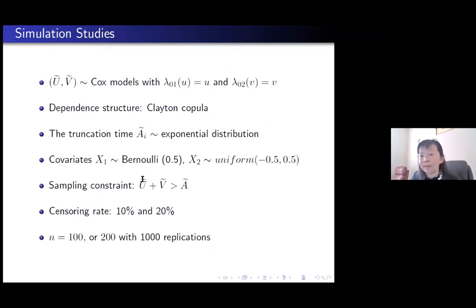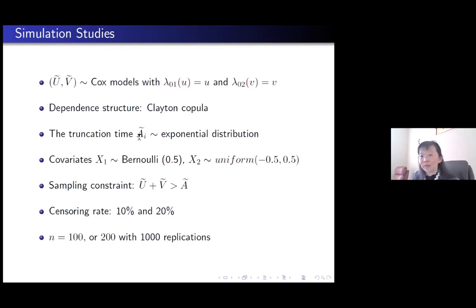Let's look at some simulation results on a simple setting. We evaluate the performance of the proposed method and compare it with that of a method ignoring sampling bias. Here we call it the naive method. For this particular simulation setting, we generate the gap times from a Clayton copula.